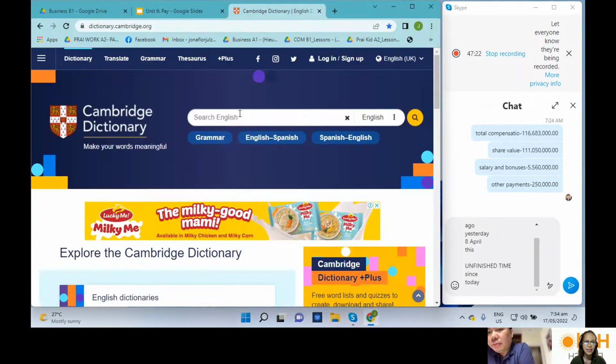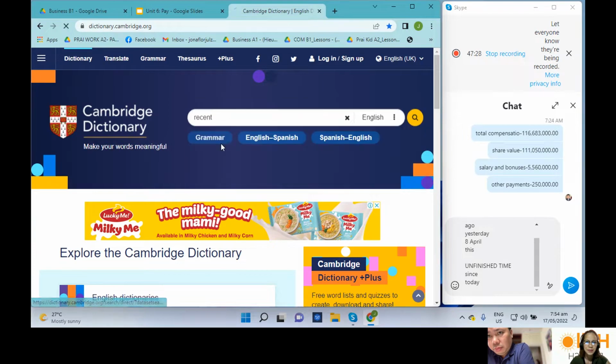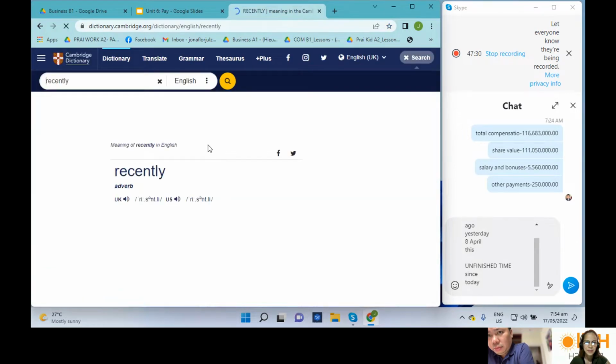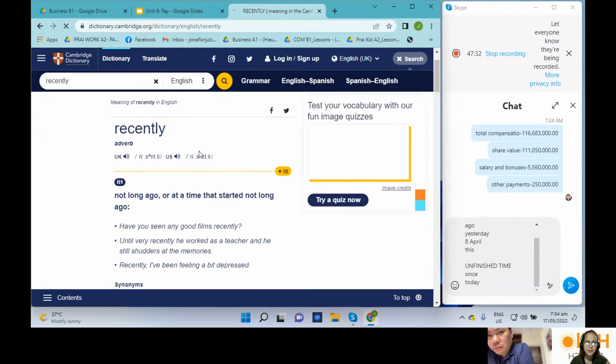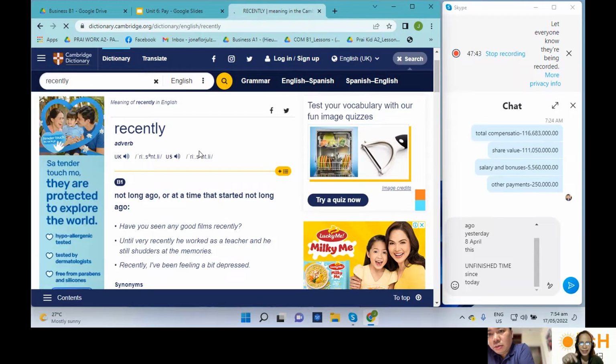Do you know the word recently or recent? It means not long ago, a time that started not long ago. For example, have you seen any good films recently?